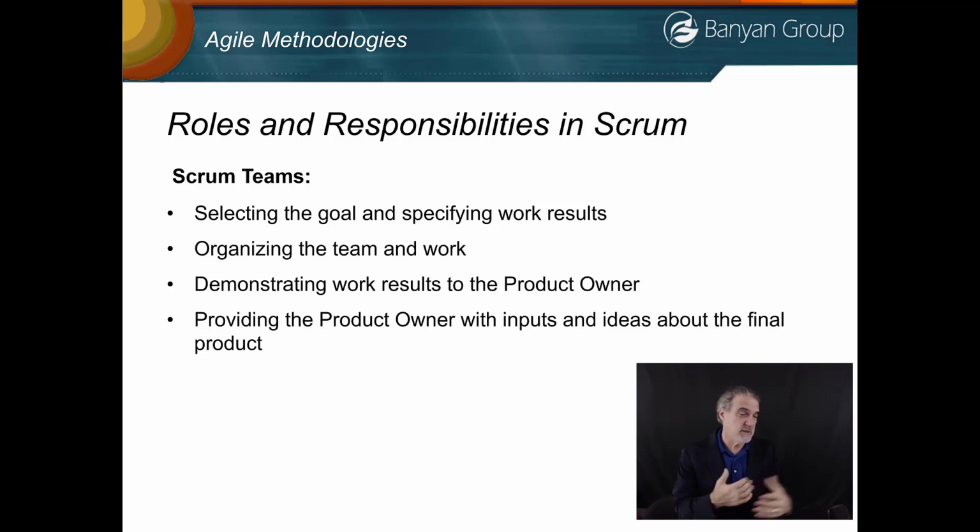And so just like the external stakeholders that the product owner is working with, the product owner can also get advice from the team about things that need to be done. Keep in mind, the product owner is a business representative. So they know the business, they know what value looks like, but sometimes they don't have strong technical knowledge, and the team can step in and provide that information for the product owner.